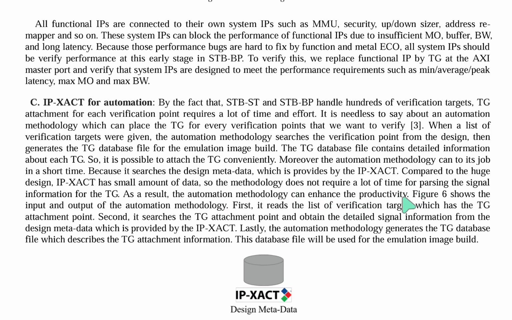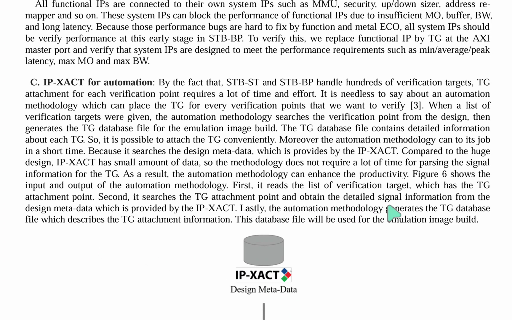Figure 6 shows the input and output of the automation methodology. First, it reads the list of verification targets, which have the TG attachment points. Second, it searches the TG attachment points and obtains the detailed signal information from the design metadata provided by IP-XACT.